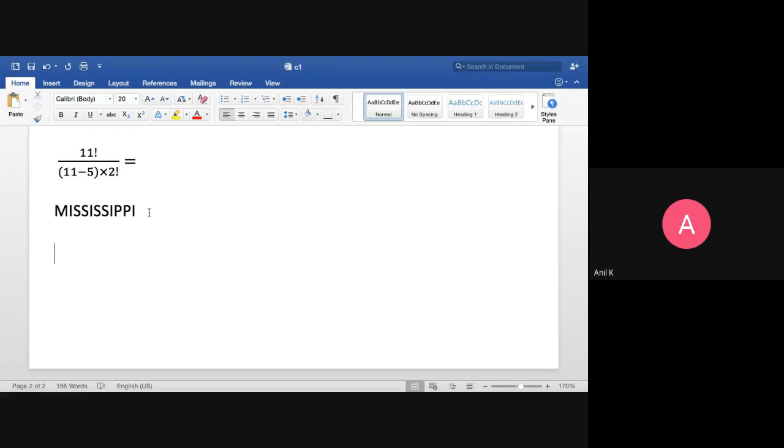That means here n value is 11, r value is also 11, because there are 11 letters in Mississippi and I want to make 11-letter words. So what is the answer? Can anyone guess? I don't want the final answer, just tell me in terms of factorials.